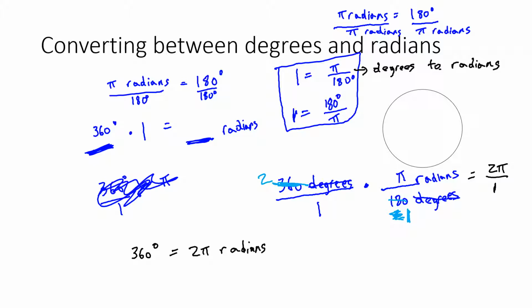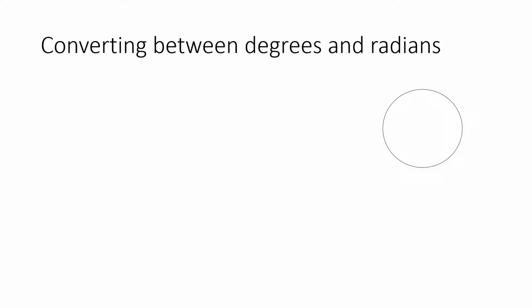And if we want to go from radians to degrees, we can multiply by this conversion factor. Or we can just remember that pi radians is the same as 180 degrees. So there are 2 ways to really work out the following.